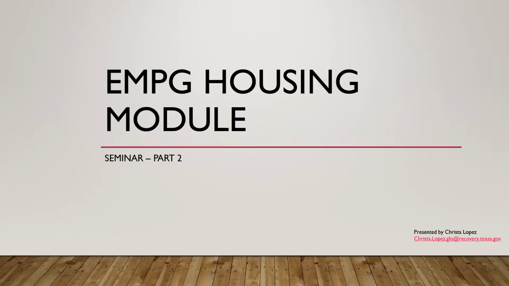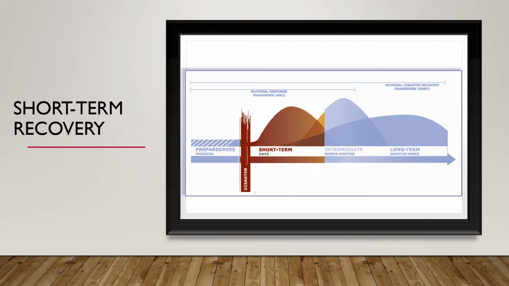So we'll start with the second module, and we're going to talk about short-term recovery housing. And this is those days and weeks following a disaster. So think about as soon as an incident occurs, you already have a housing need. And housing in this span is mostly mass care.